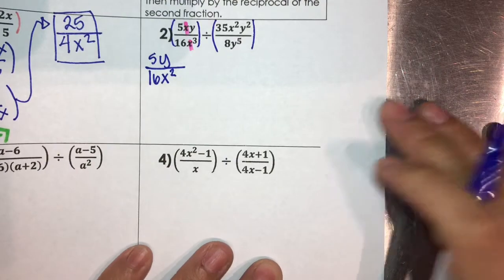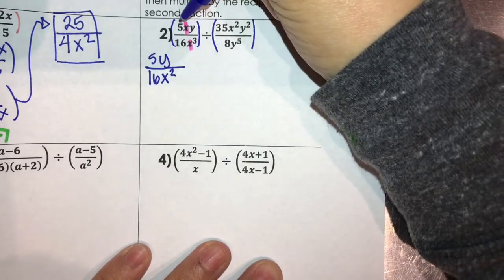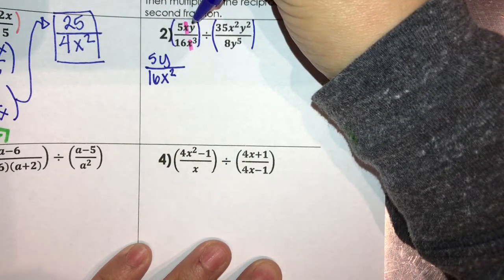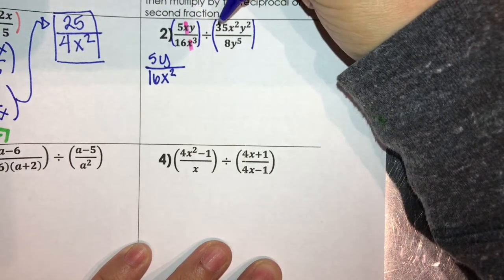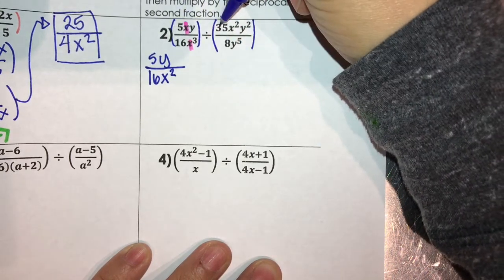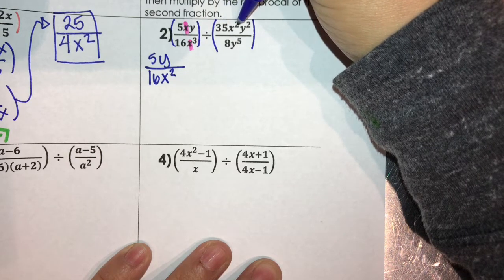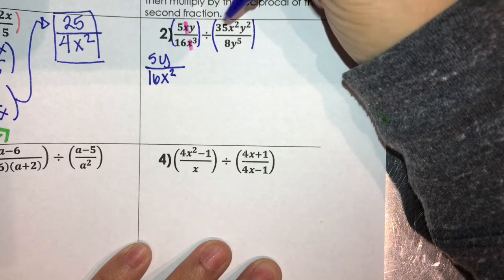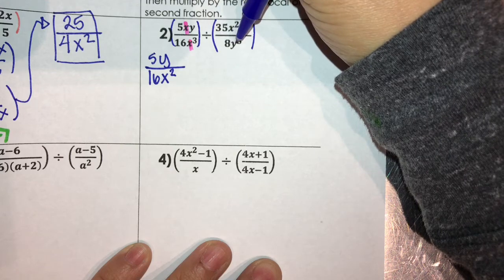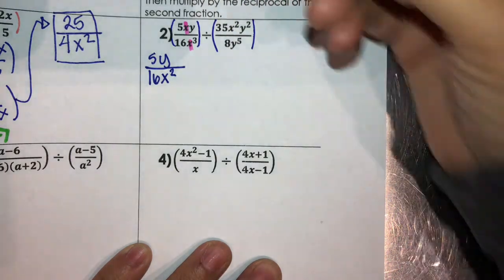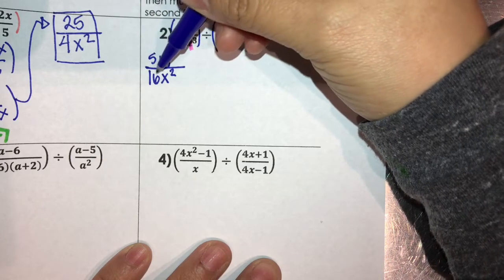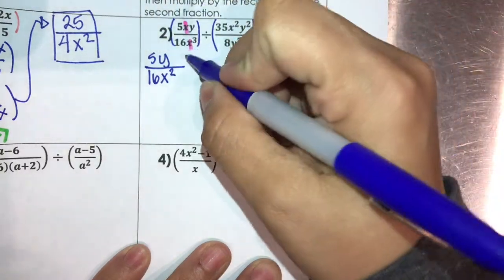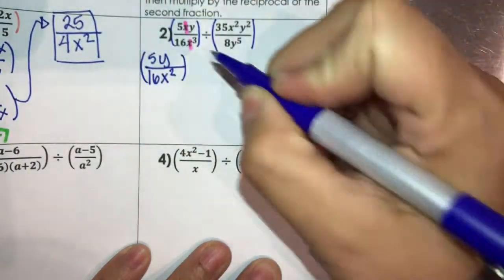For number 2, we have 5xy divided by 16x to the third, and that expression is divided by 35x squared y squared divided by 8y to the fifth. We simplify the x's first, so I have 5y divided by 16x squared. We leave that alone.